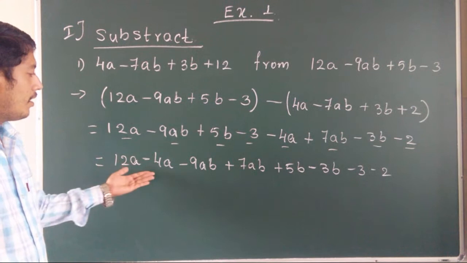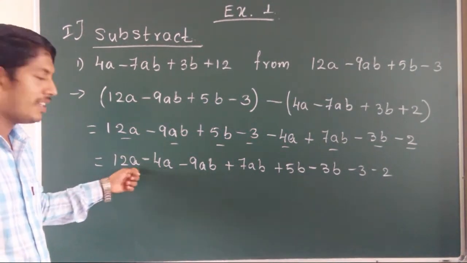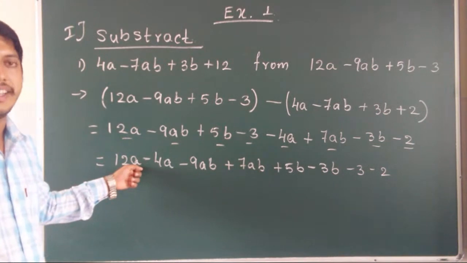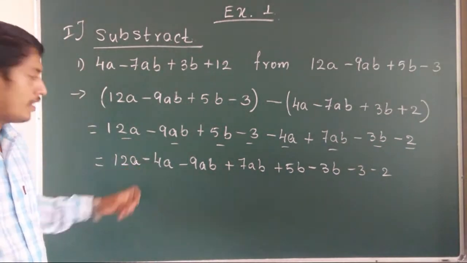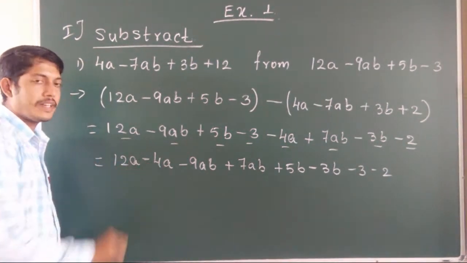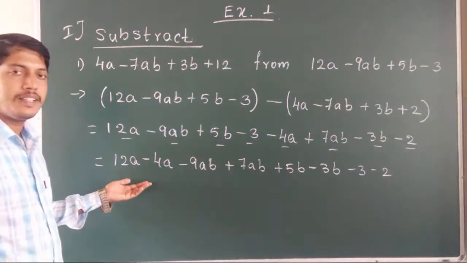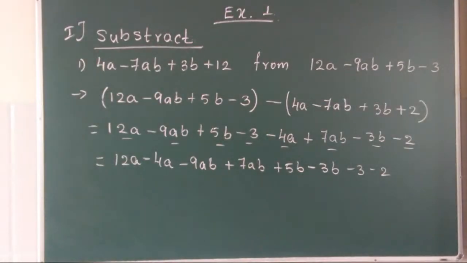Then here 12a minus 4a, and here the variable is a, only a. That's why they are like terms. We can add or subtract. 12 is having a positive sign and 4 is having a negative sign.